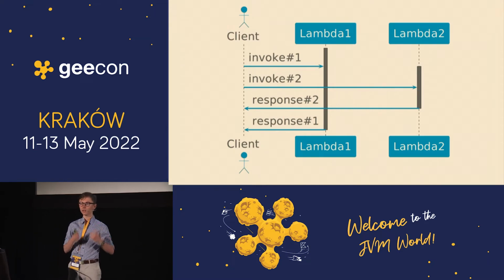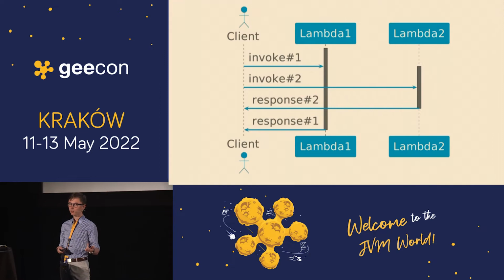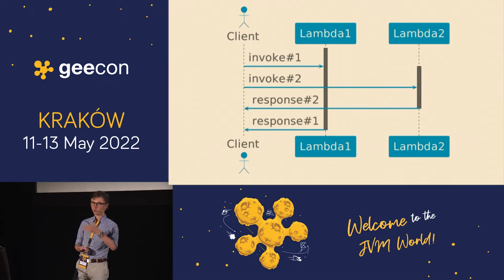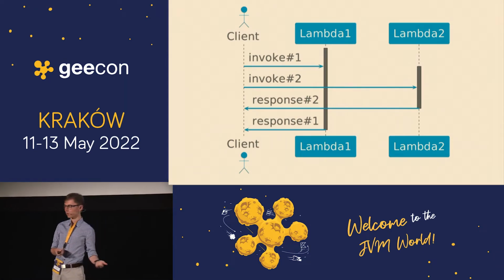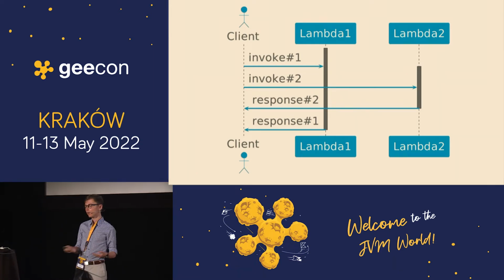Lambda will create the instance of your function, and the lifecycle phases will happen. And if the same client or a different client makes another request to your Lambda function while the first request is being processed, another Lambda instance will be created by AWS Lambda to handle that request. And then the responses will arrive to the client.